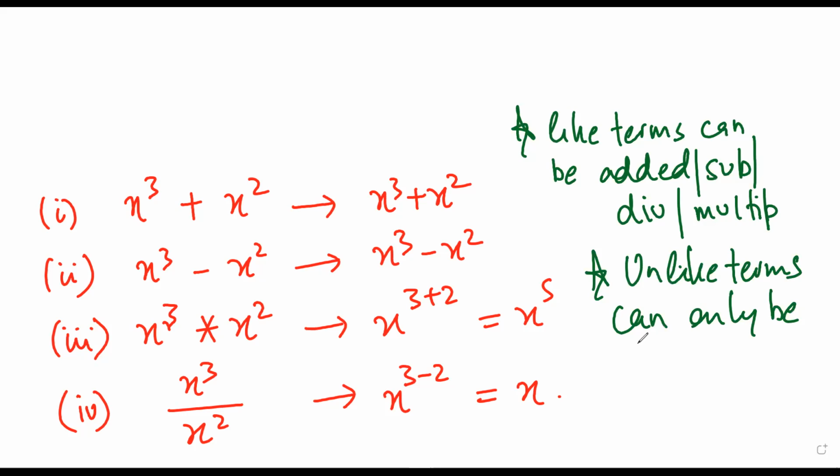Mr. Satya, what did you understand? So that in addition and subtraction, the numbers are same, and in multiplication and division, we have to do the subtraction and addition. Like it doesn't change in addition and subtraction.